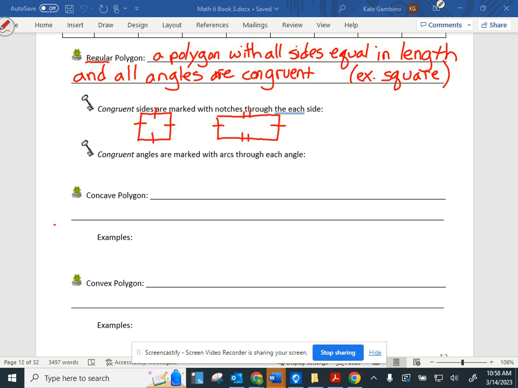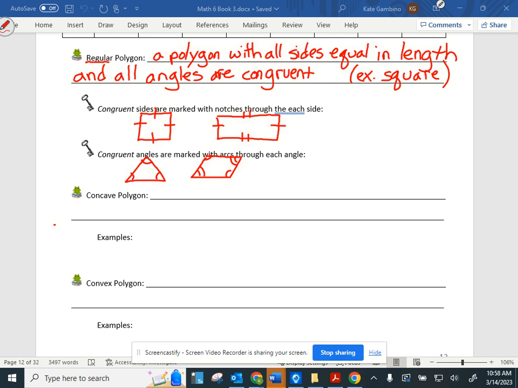Congruent angles are marked with arcs. So if they all have the same arc, they are all the same measurement. We might have something where these two angles are congruent, and these two angles are congruent.